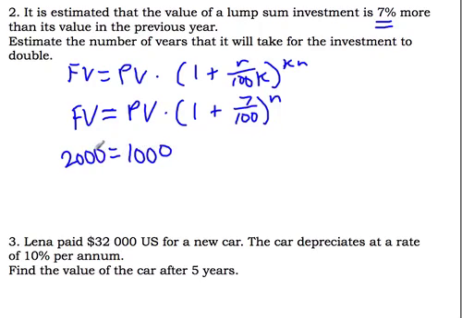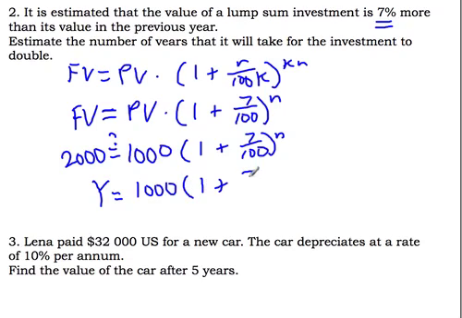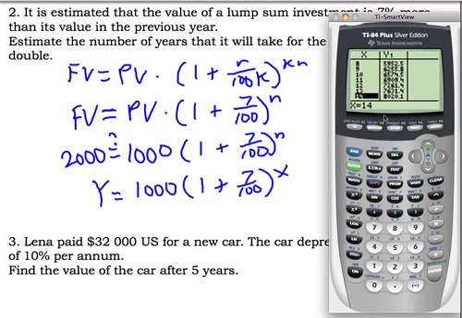So we're going to find out when does 2,000 equal 1,000 times 1 plus 7 out of 100 to the power of n. Using our calculator, we're going to type in the function y equals 1,000 times 1 plus 7 out of 100 to the power of x. And we're going to use our calculator to calculate that for us.